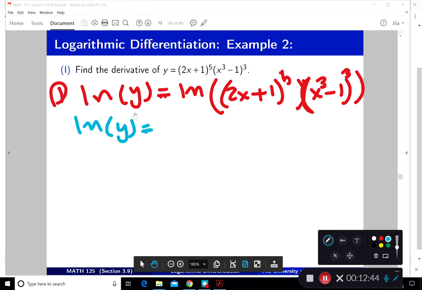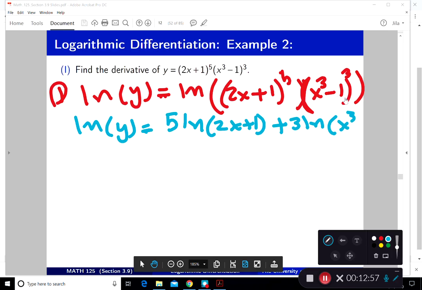So I can write 5 natural log of 2x plus 1 plus 3 natural log of x to the power 3 minus 1. It's important to notice that I cannot simplify this any further, because there's no product or exponential inside.